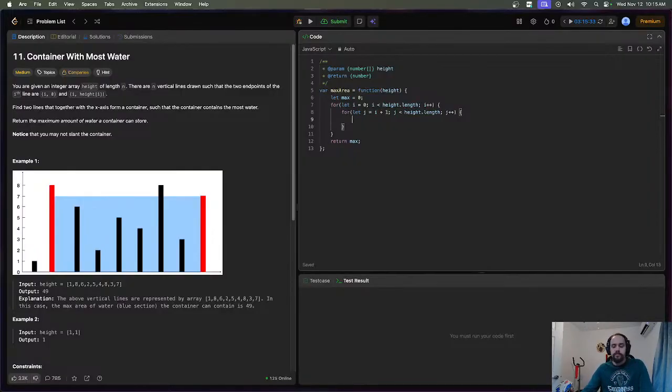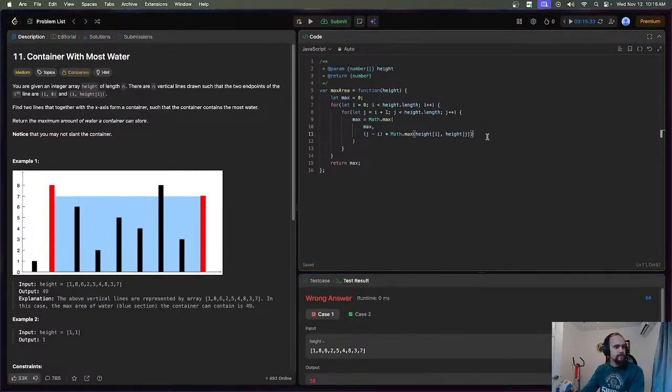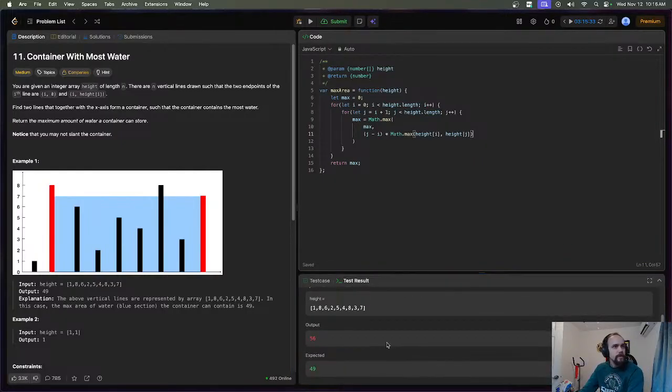And so max equals Math.max of max and the other term, which is j minus i times Math.min of height sub i and height sub j. Let's just see if that works at all. Alright, so we got 49.